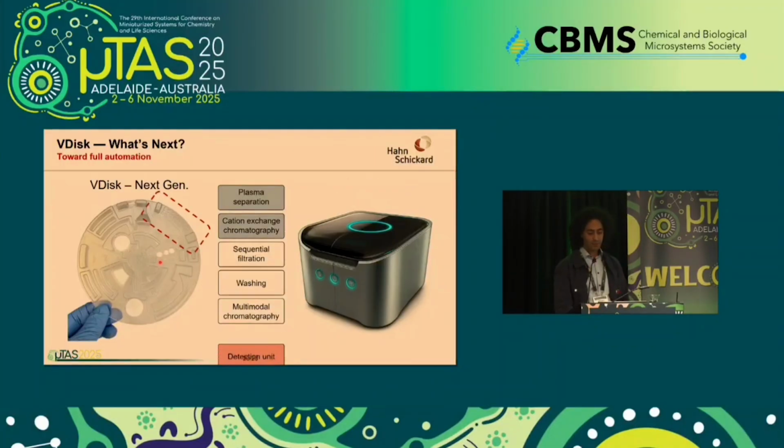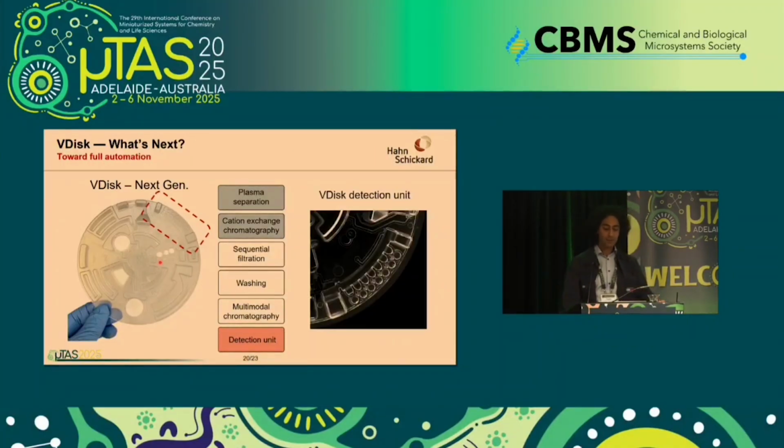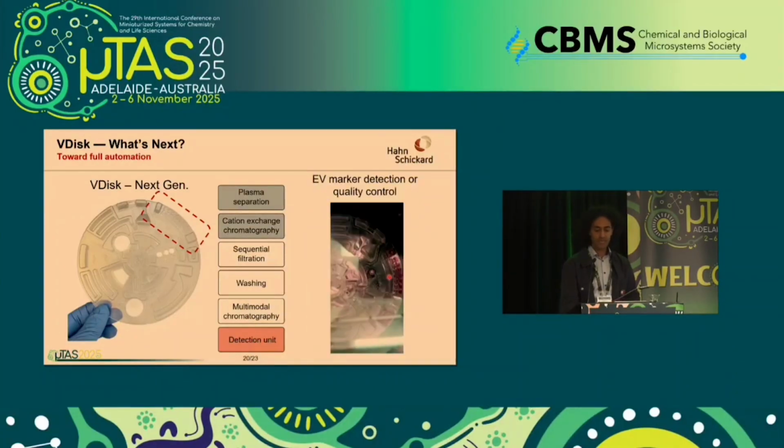On top of that, we also integrated a detection unit, which allows us to aliquot the EV samples directly after the isolation and detect them using the detection unit integrated in our lab disk player in these detection chambers. For example, we can measure some EV markers directly on the disk, or even use this detector for doing some quality control of the EVs.